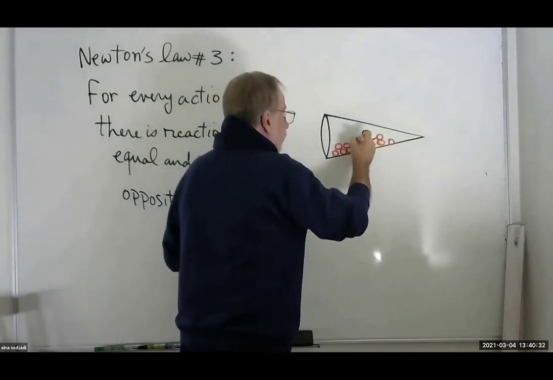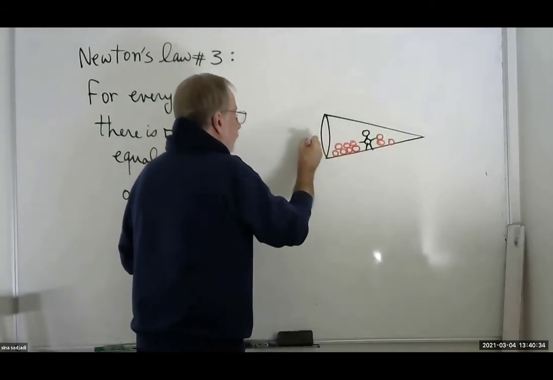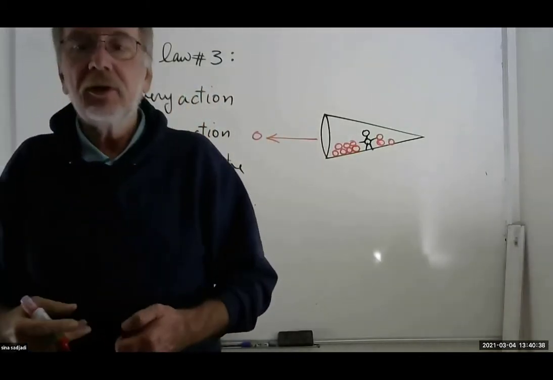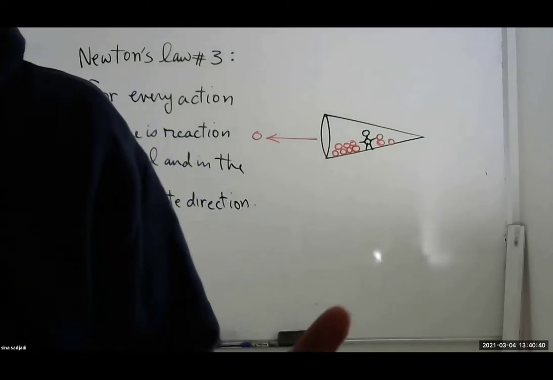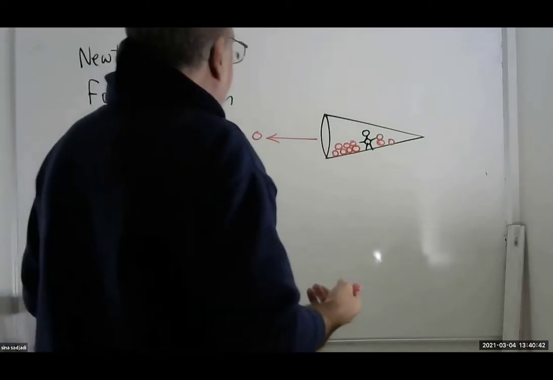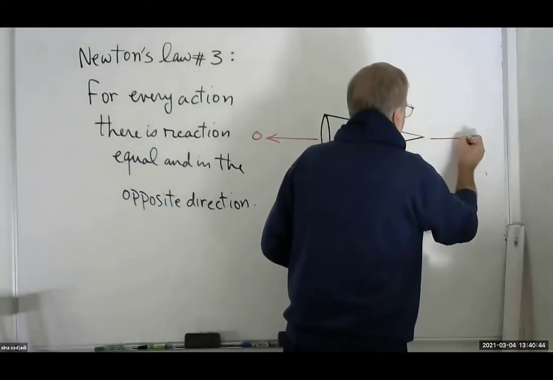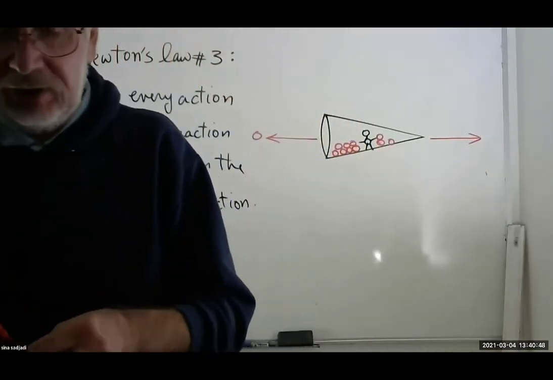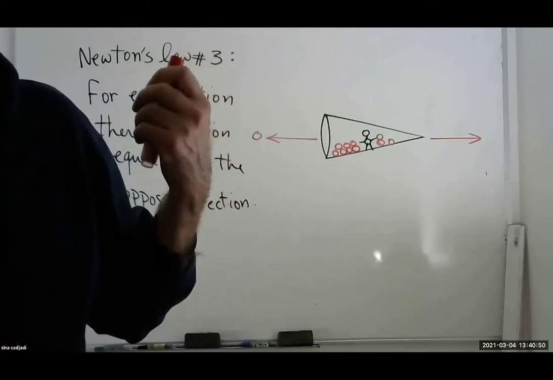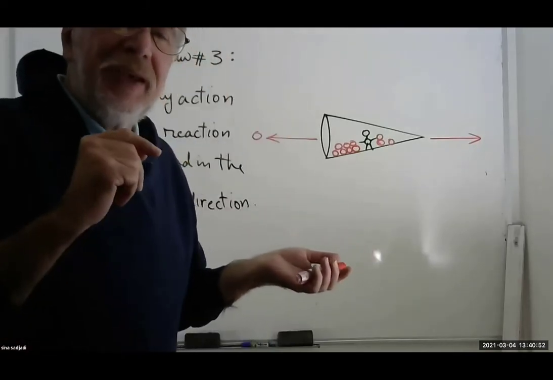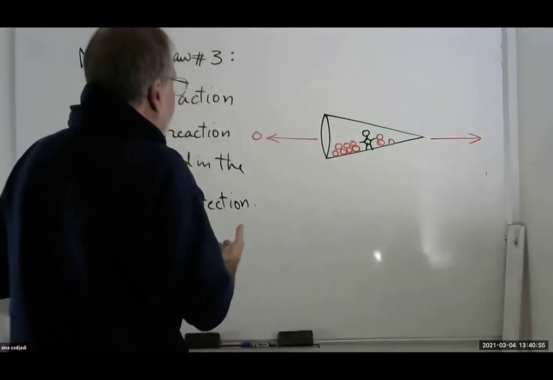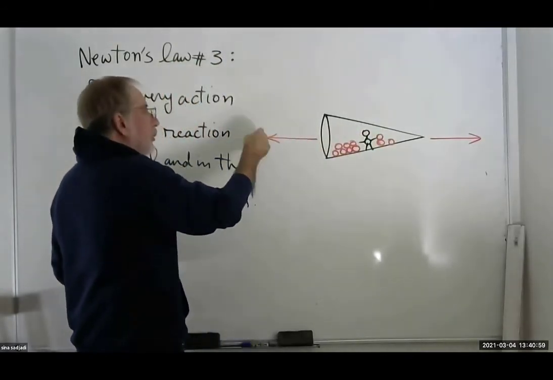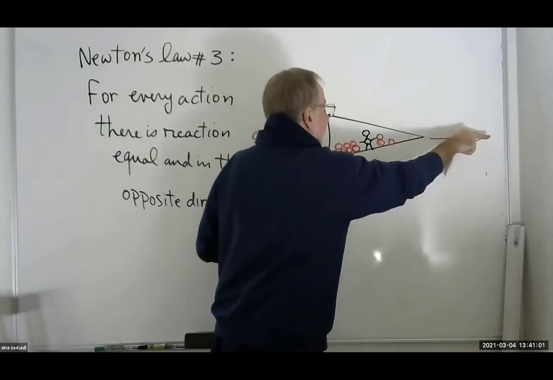Now I'm going to grab a bowling ball and throw it out the back of the rocket. The faster the bowling ball exits, the harder the rocket goes forward. That's how rockets in space work. They don't have a jet engine that grabs air and pushes it behind them. So basically, it's the third law that makes rockets work. The more force you push this way, the faster the rocket goes that way.